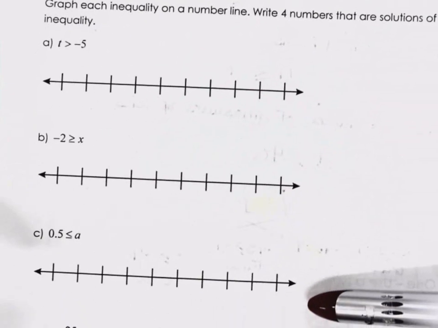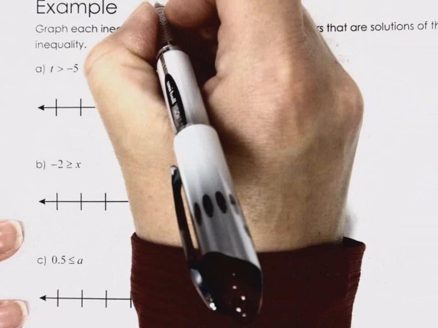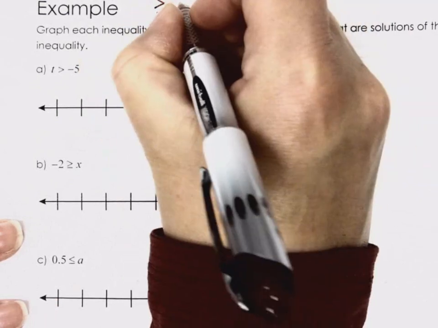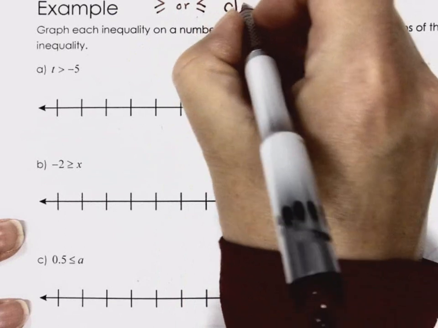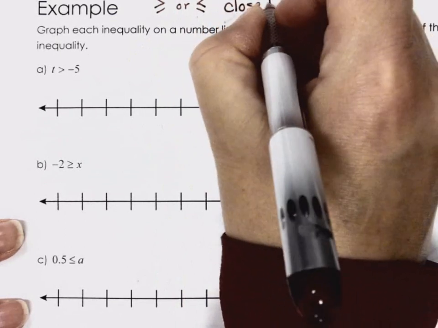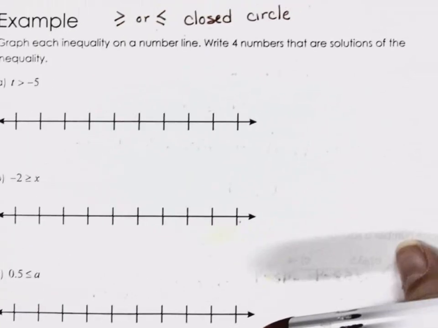All right, here we go. Graph each inequality on a number line and write 4 numbers that are solutions of this inequality. Okay, so there's a couple things we need to know here. If it has a greater than or equal to sign, you use a closed circle, and we'll go over that.